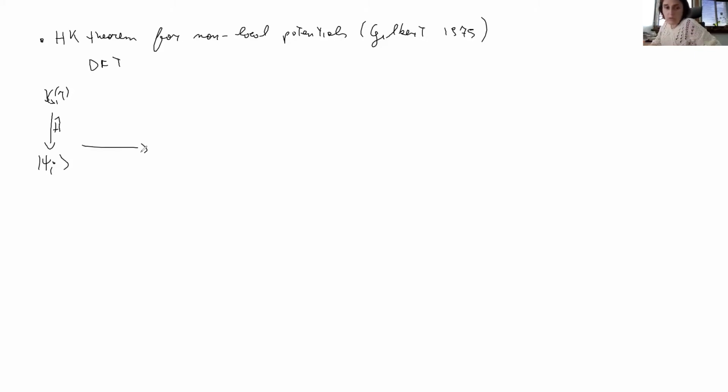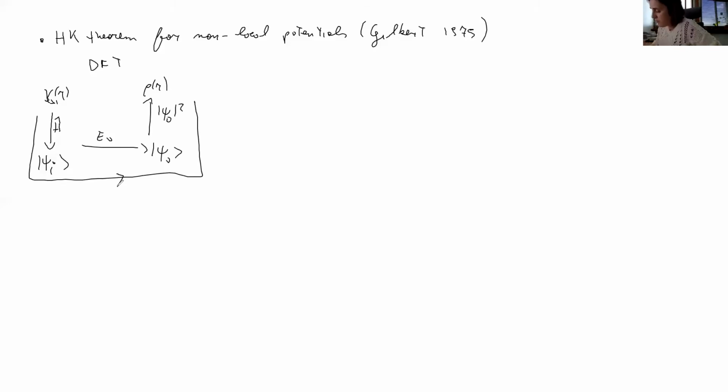Now, if you look at the lowest energy, the corresponding eigenstate, you will find the ground state wave function of the system. And through the definition of the density, okay, you get your density. So this simply says that your external potential uniquely defines your density, okay?